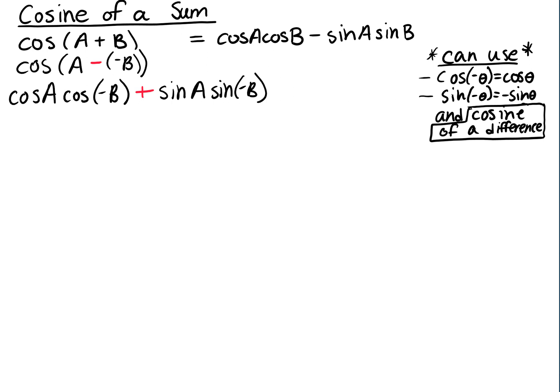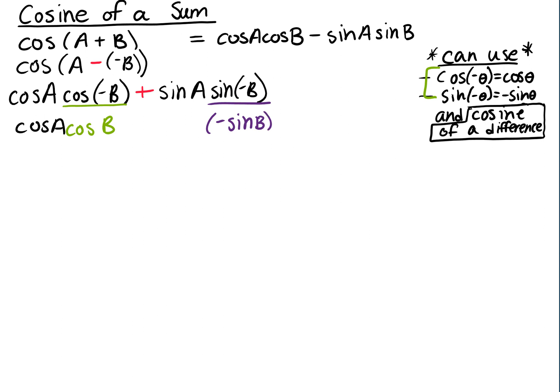This is a fairly quick proof because now we'll use our even-odd identities. So if I use these two guys over here, cosine of negative b just changes into cosine b. It's the same thing, and we keep the cosine A. And then sine of negative b is going to change into negative sine b.